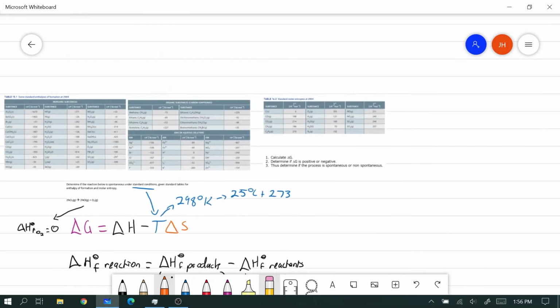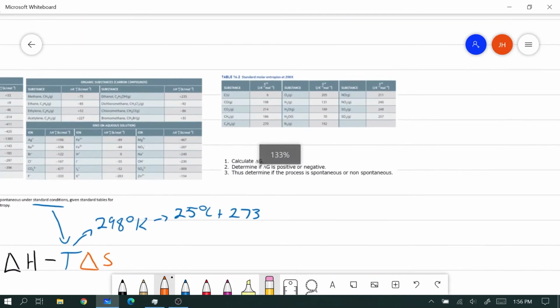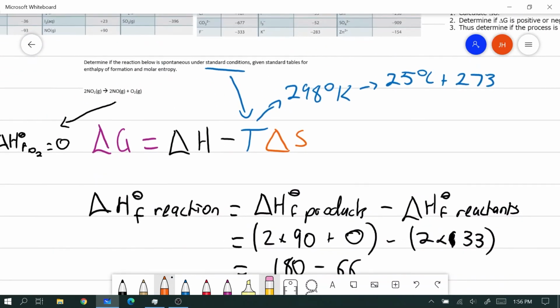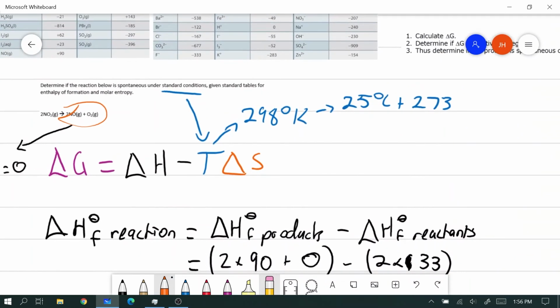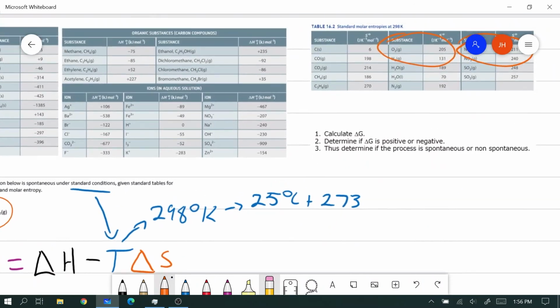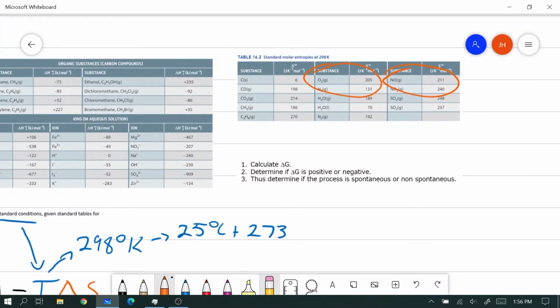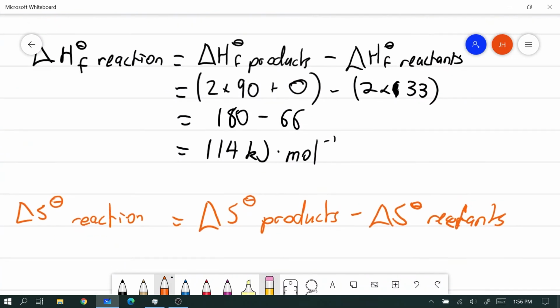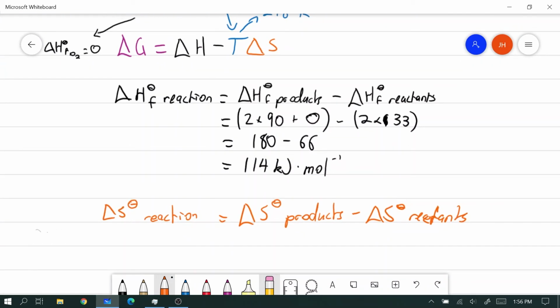So let's go have a look at the top. We'll do our products first, so that's our O2 and NO. We have 2 moles of NO, 1 mole of O2. We've got 205 for the oxygen and 211 for the NO. Putting that into our equation, it will look something like this: 2 times the NO plus the 1 mole of oxygen.